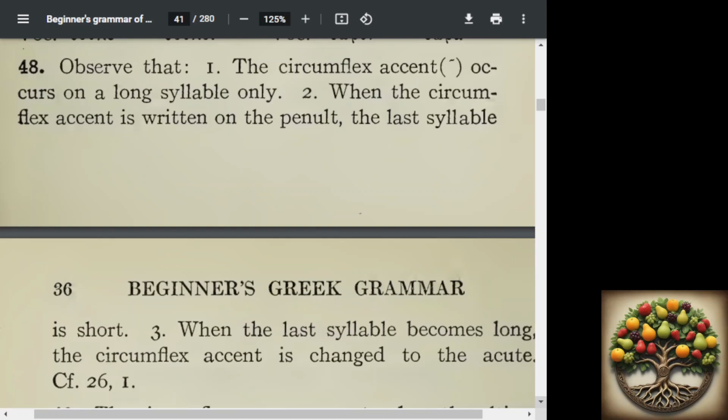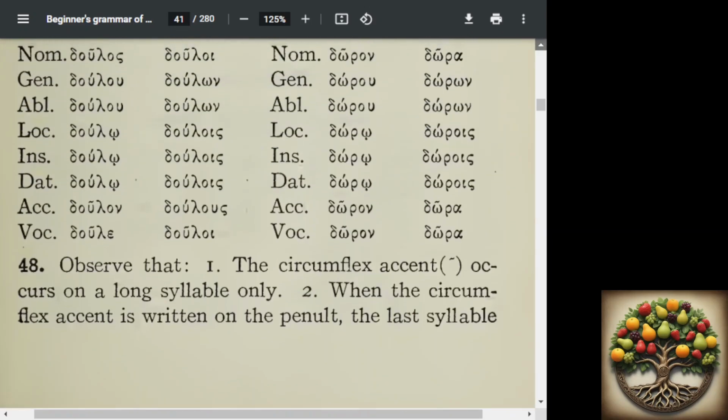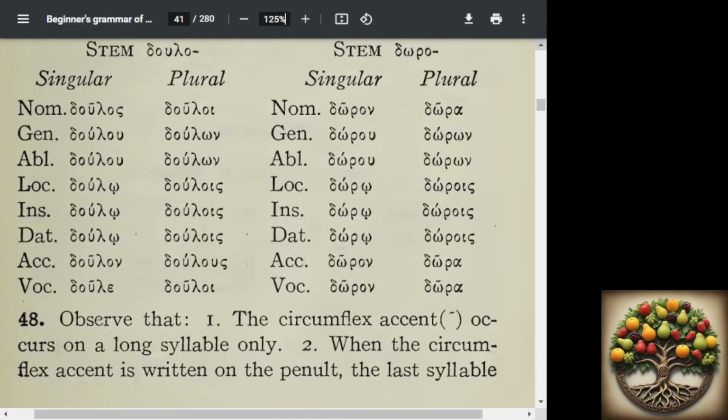When the circumflex accent is written on the penult, the last syllable is short. So let's scroll back and take a look here. Let us look at the genitive, the ablative, the locative, the instrumental, and the dative.